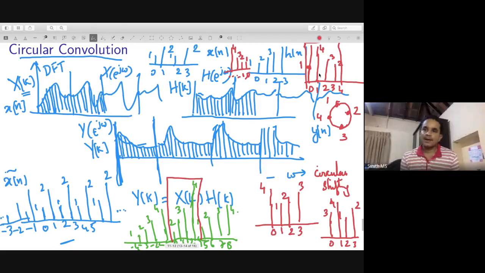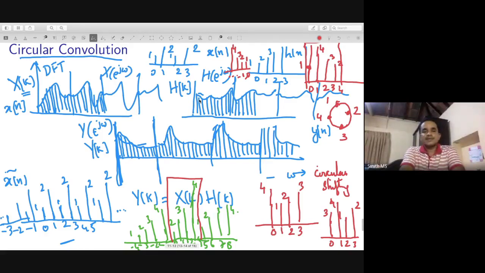So in this way, when you sample x of n and h of n, you get x of k and h of k, and when you multiply x of k and h of k, you get y of k.